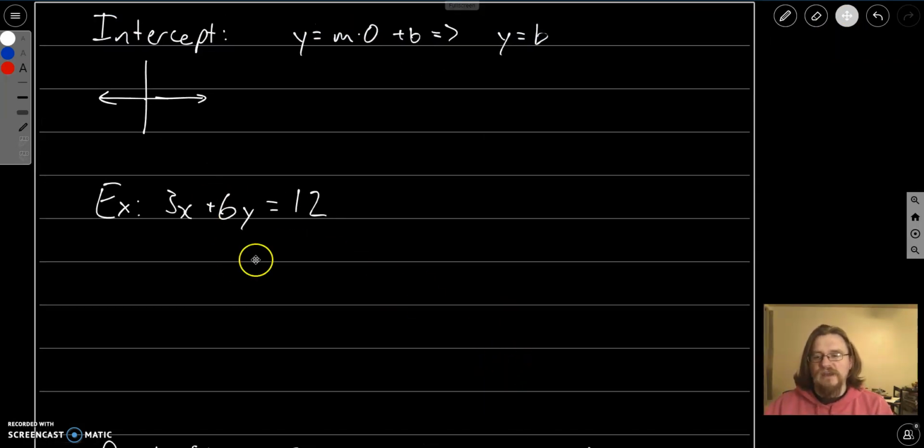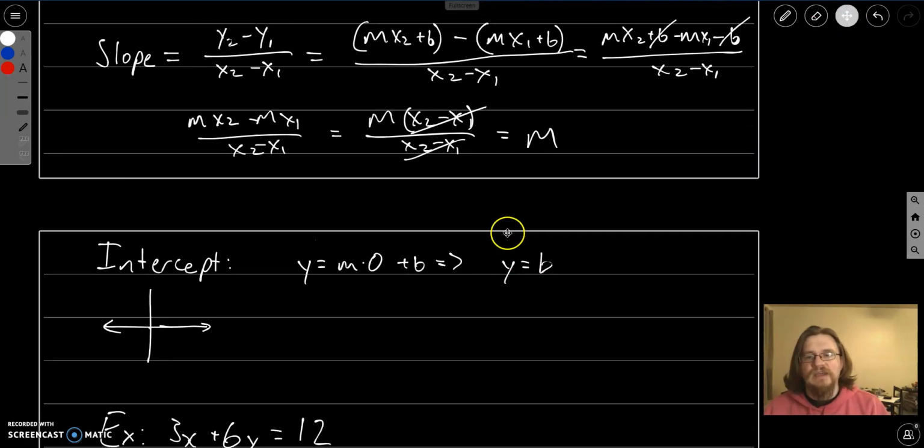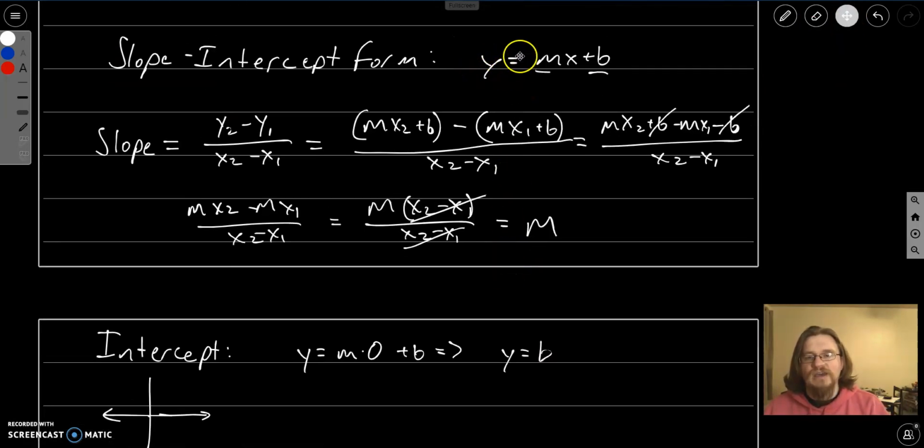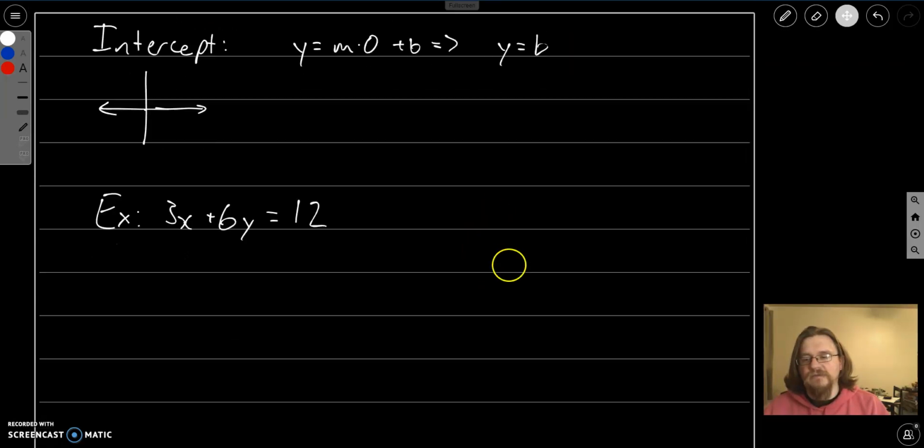Now, given an equation, it might not be in slope-intercept form, so we can put it in there. Again, the main characteristic here is that we have y is equal to something times x plus a little bit extra. So the point here is that we want to get y by itself.